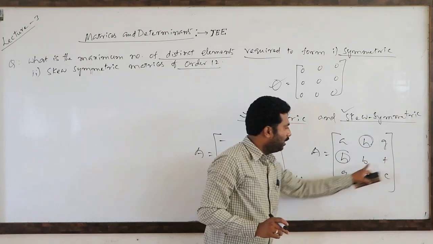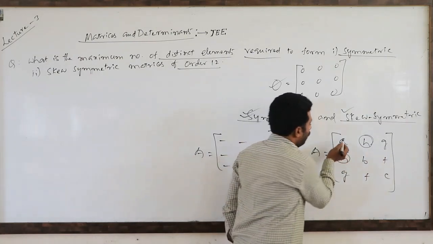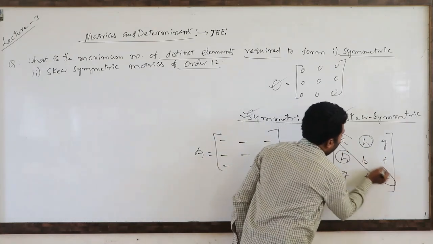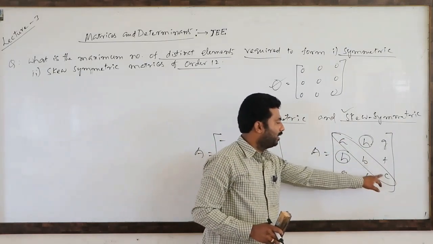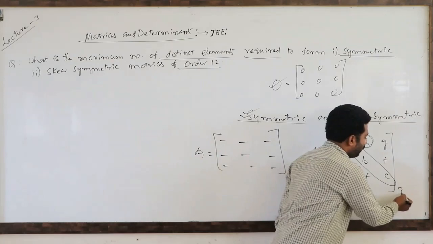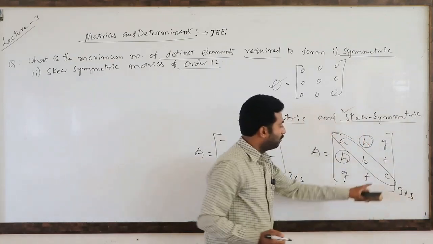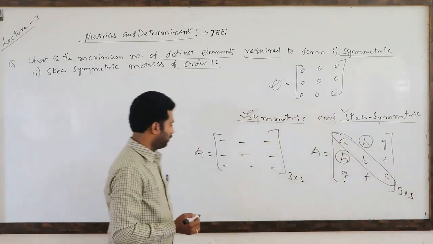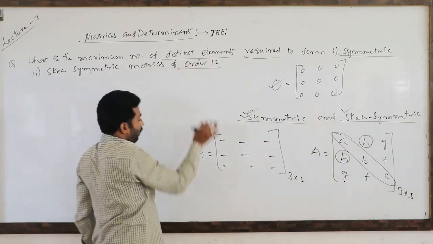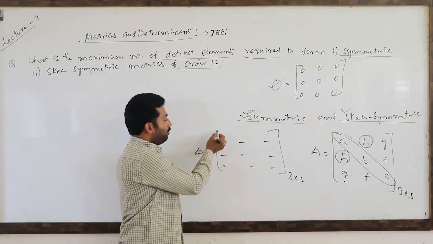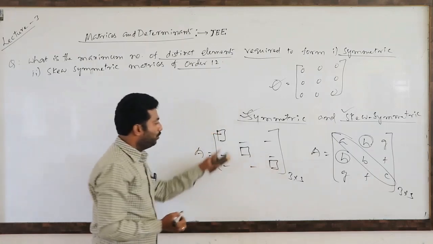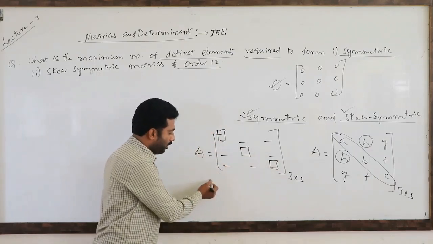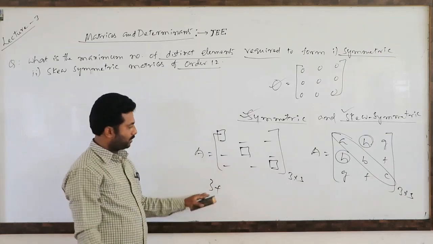G is G, F is F. So you observe, first you fill the principal diagonal. This is a 3 by 3 matrix, so how many diagonal elements are there? 3 diagonal elements. So first we fill the first 3 blanks on the diagonal. How many distinct elements are required? First 3 elements.